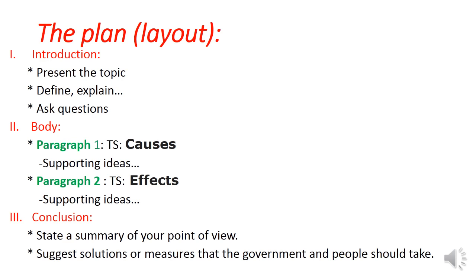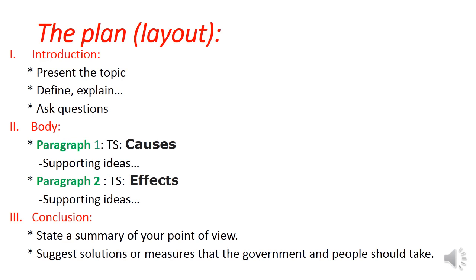Again you start with a topic sentence, then support it with explanation, examples, etc. Finally, the conclusion, in which you either state a summary or recap of your point of view, give your opinion, and may suggest solutions or measures that the government and people should take.